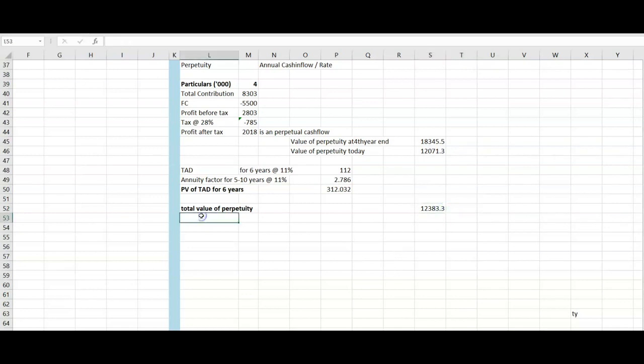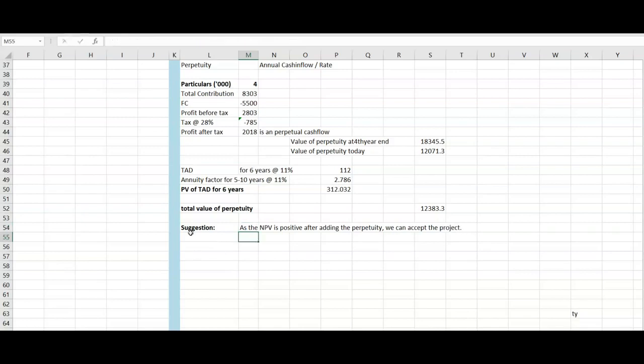Okay, so now he asks whether we will go ahead with the investment. The answer is yes. The suggestion would be: as the NPV is positive after adding the perpetuity, we can accept the project.